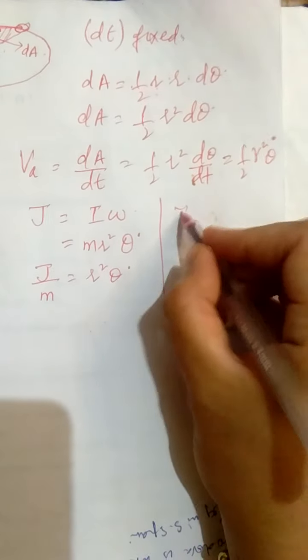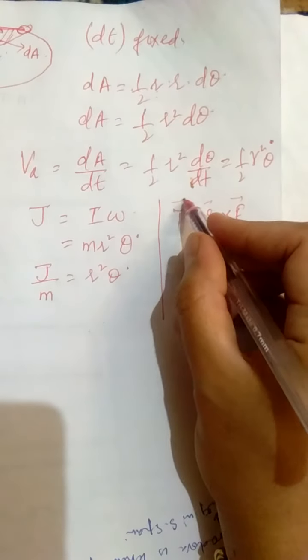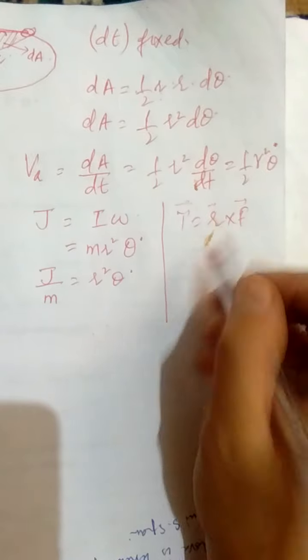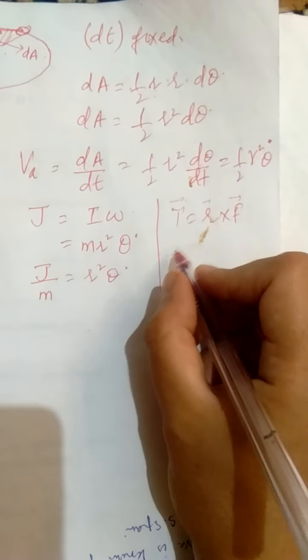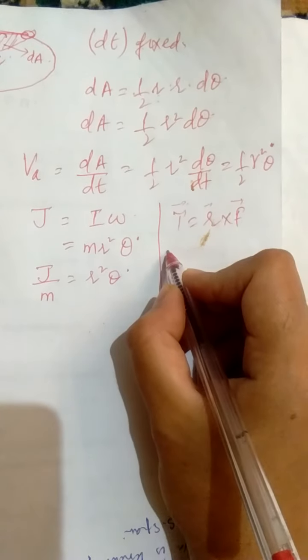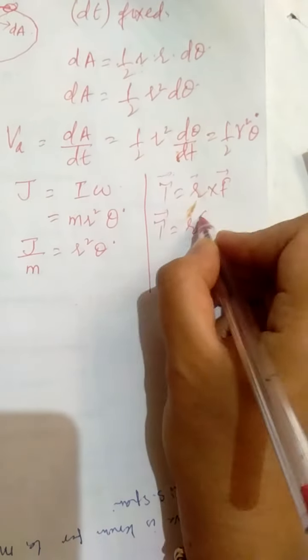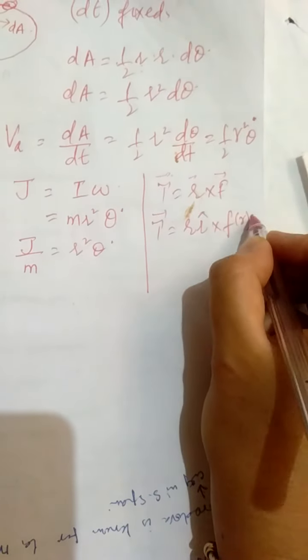We know that torque is equal to R cross F. You know that. If no external torque acts on a system, we know that angular momentum will be conserved. So firstly, if the force is central, we can write R as R cap. This is a central force dependent on distance only.